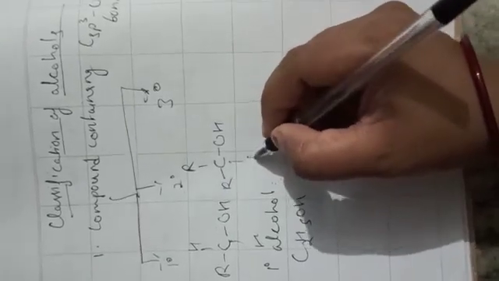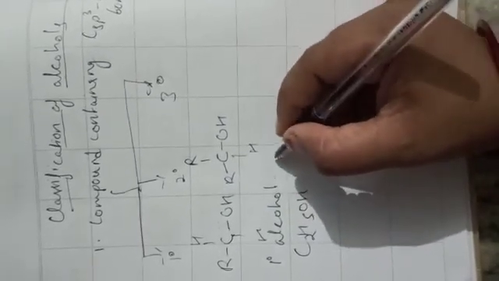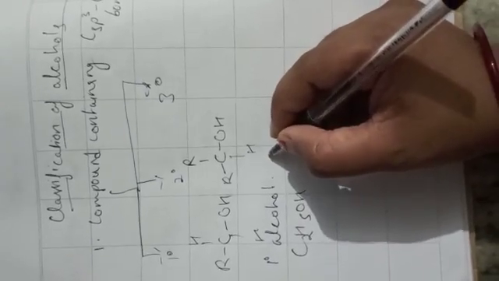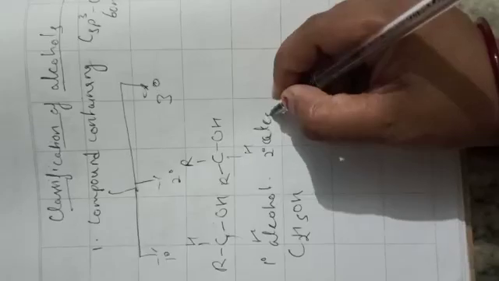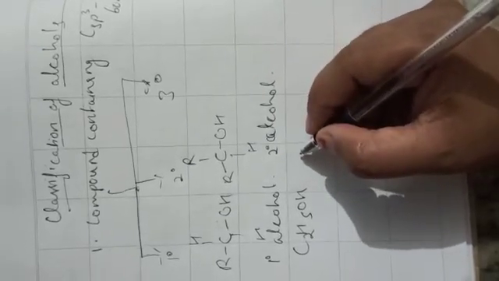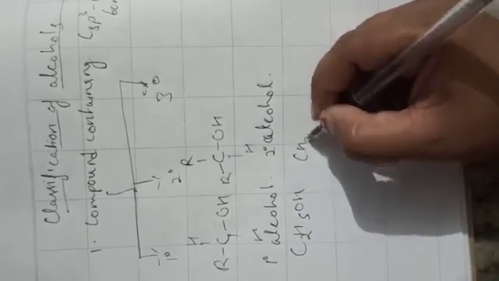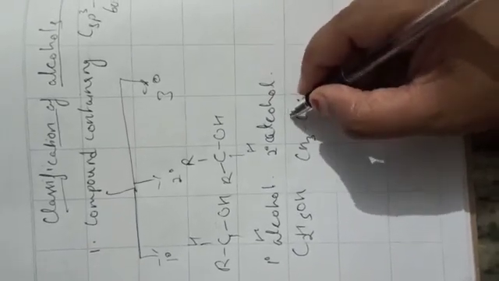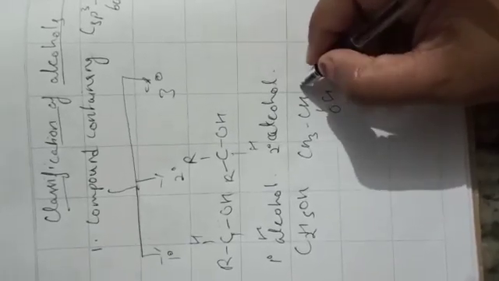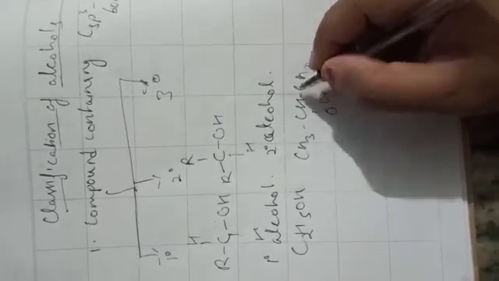That is why we call it a secondary carbon, and the alcohol formed by this will be your secondary alcohol. The example for this you can take as propan-2-ol, CH3 CH OH and CH3.